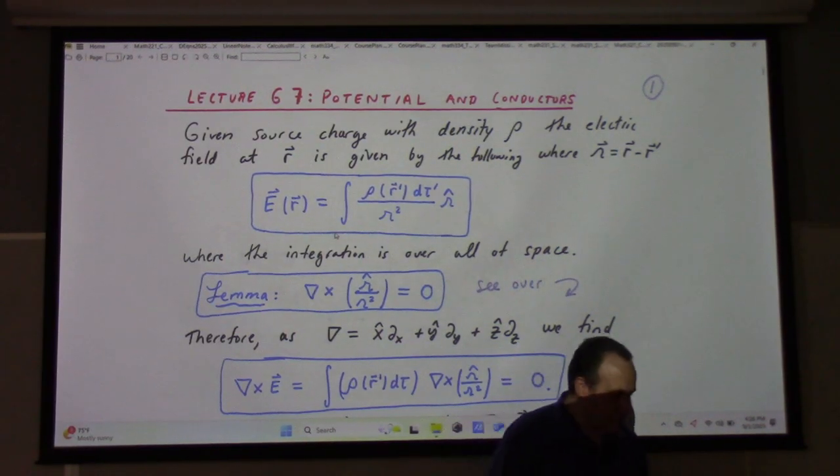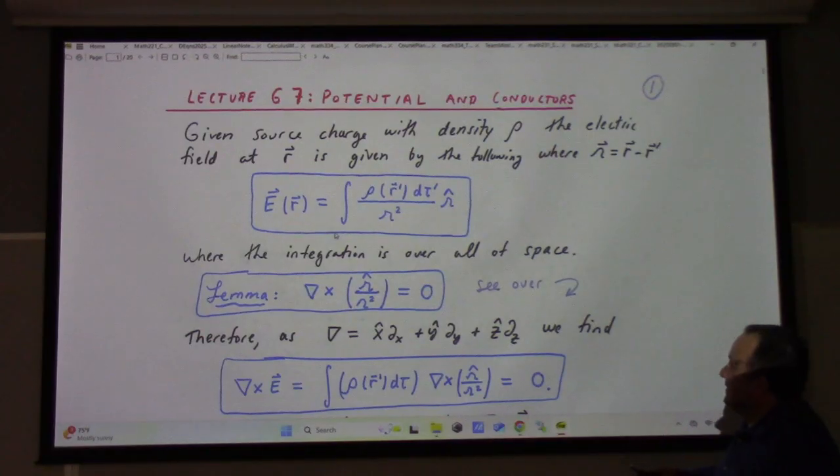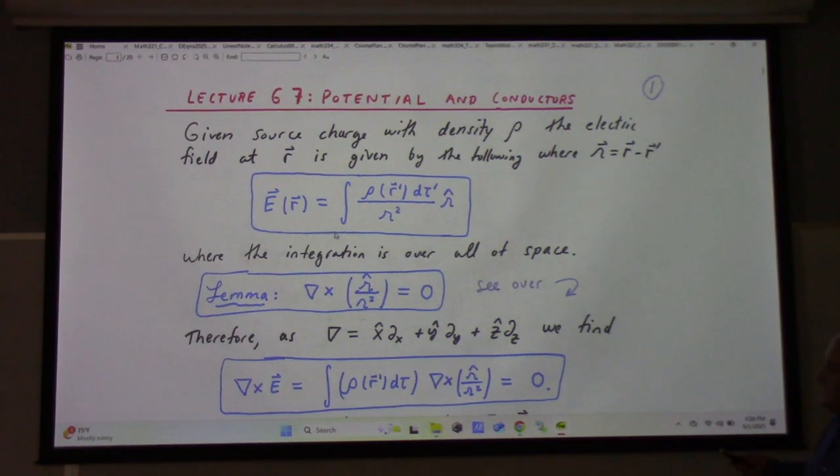Amen. Okay, so last time we talked about potentials, and I started by saying that the electric field we could obtain by integrating the source charge over the separation distance squared times separation hat, as usual Griffiths notation. And I claimed that the curl of r hat over script r squared is 0.